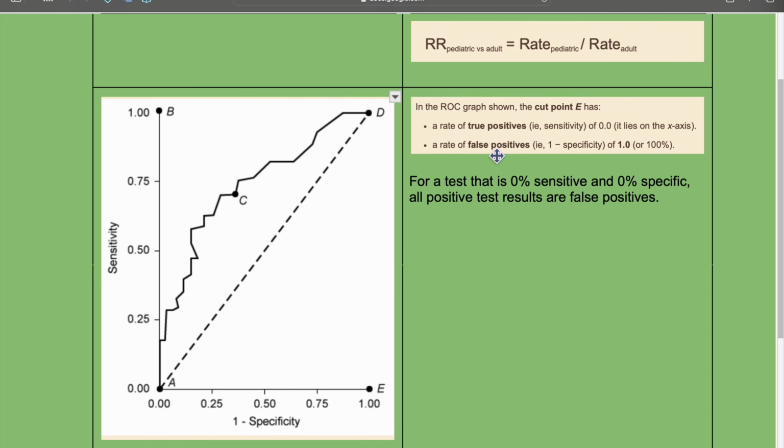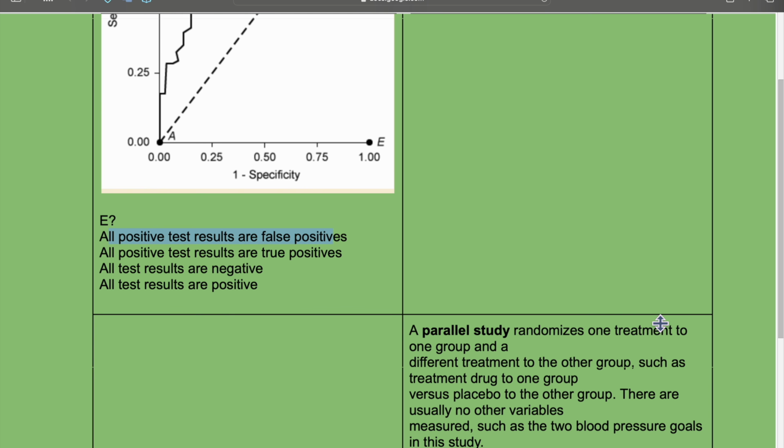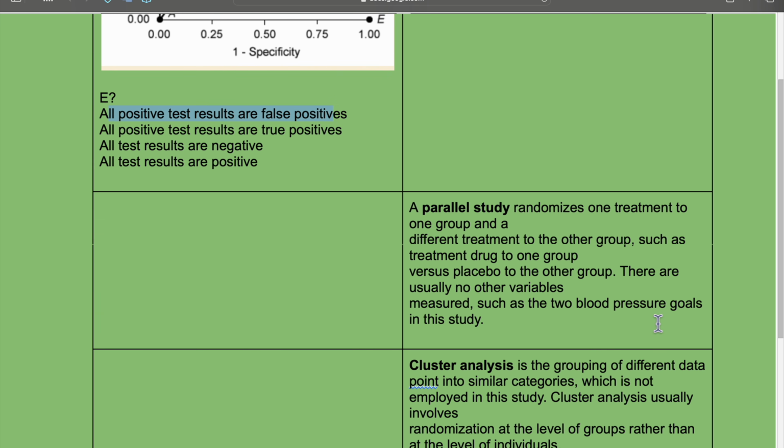A rate of false positive, that is 1 minus specificity of 1 or 100%, lies on the x-axis. Right, okay. I hope you followed along to what I was saying. I don't think I messed up, so just rewind back and listen to it again.